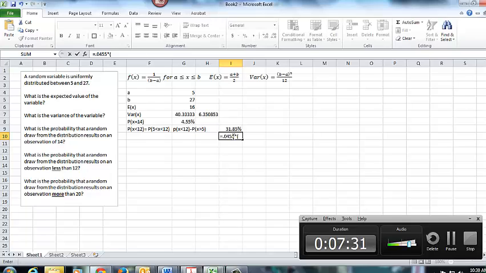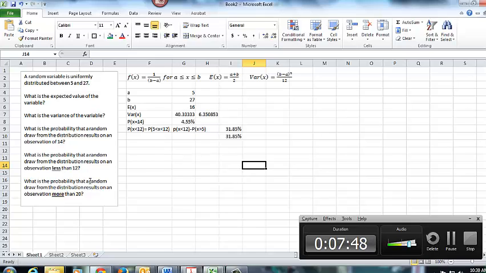So my upper and lower bounds here were 12 minus 5. This is just another way of rewriting that, and it will result in the same value, and that's just kind of a shortcut there that you could apply.